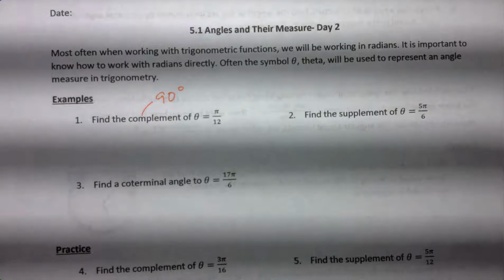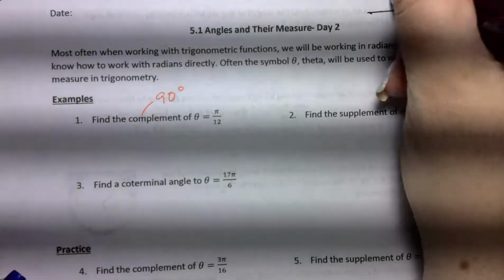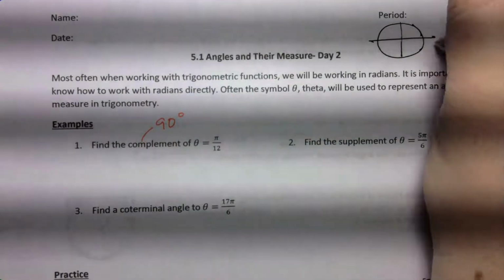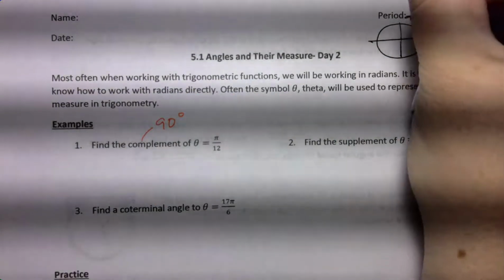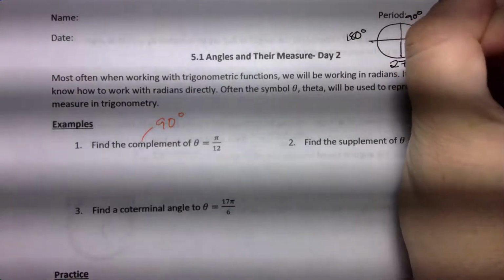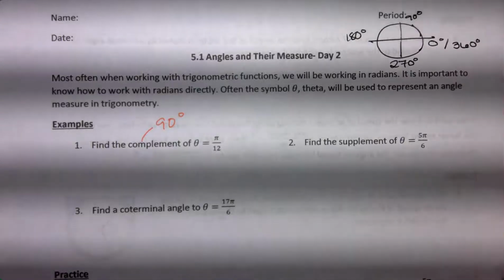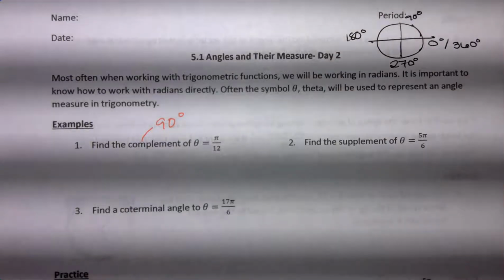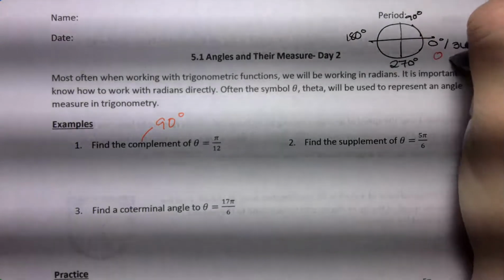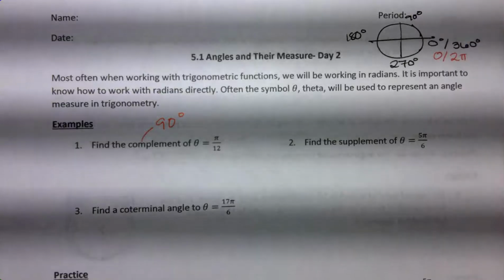I'll talk about unit circles more in depth later, but if I have a unit circle like this, typically it goes 0 degrees, 90 degrees, 180 degrees, and 270 degrees, and then 0 when it completes the circle is 360 degrees. So if I think about this as radians, I'm going to start off at 0 radians, and I'm going to end at 2 pi radians because a complete circle is 2 pi.